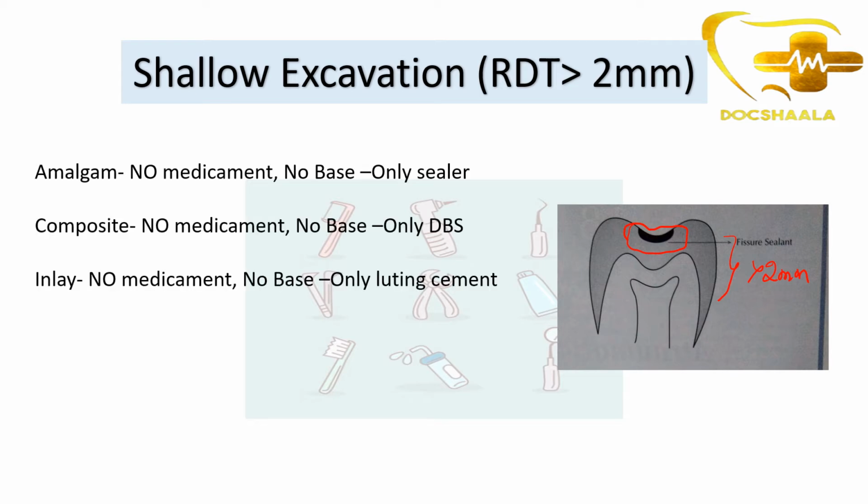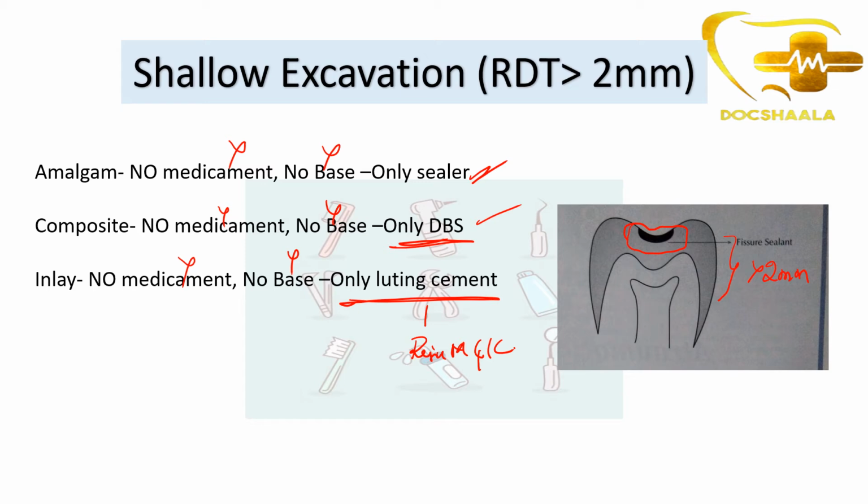When we want to place an amalgam restoration, we don't use any medicament or base, we only use a sealer, fissure sealant. When we want to restore with composite, no medicament, no base, only a dentin bonding system. When we are doing an inlay, there is no medicament, no base, only luting cement, which is nothing but resin modified GIC, RMGIC.